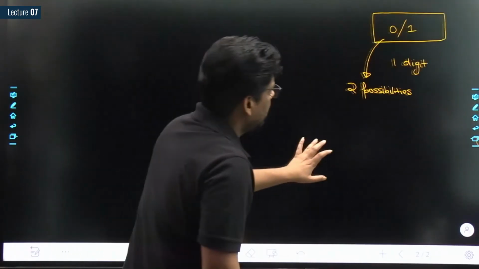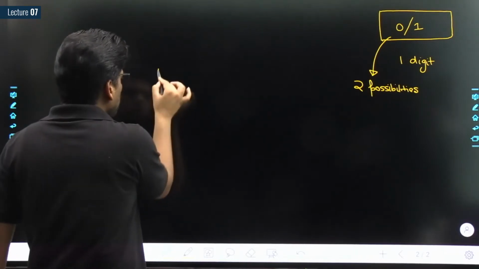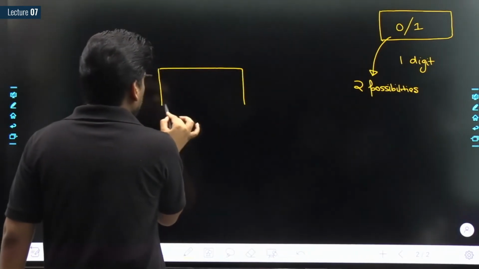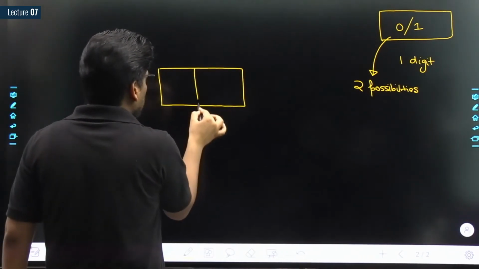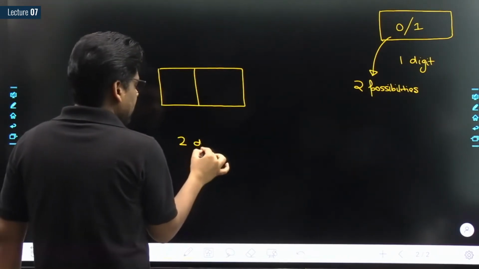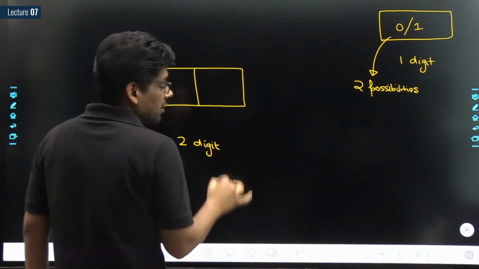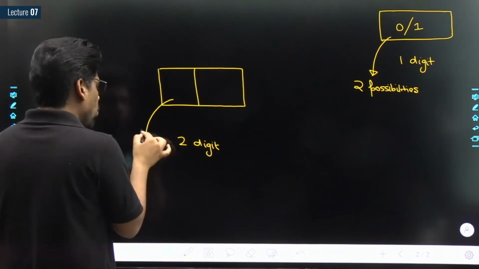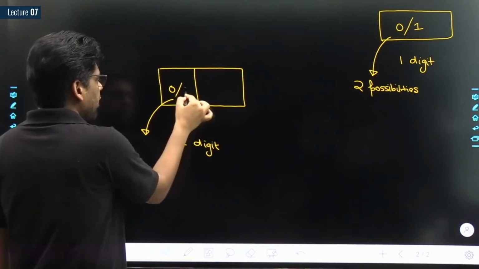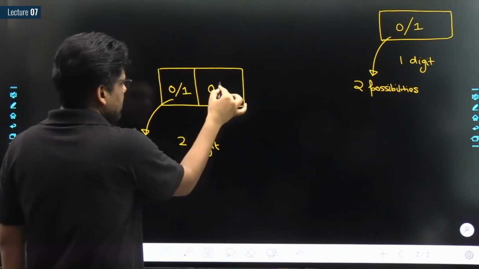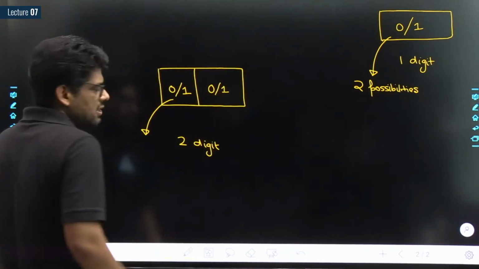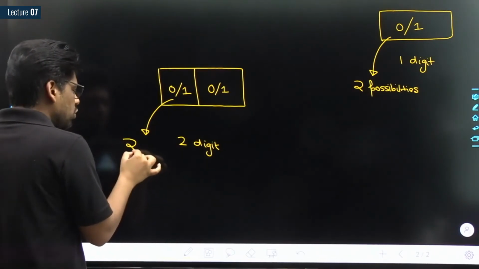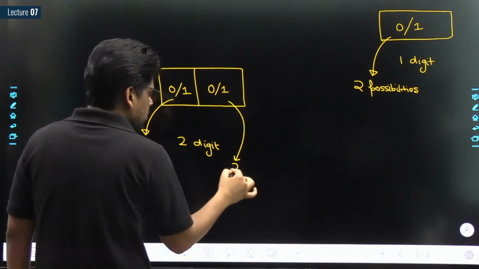Okay. Let me talk about a 2-digit binary number. There are 2 digits in the binary number system. Sir, the first digit can hold either 0 or 1. Similarly, for the second digit, we have again 2 possibilities, either 0 or 1. That means there are 2 possibilities here and 2 possibilities here.